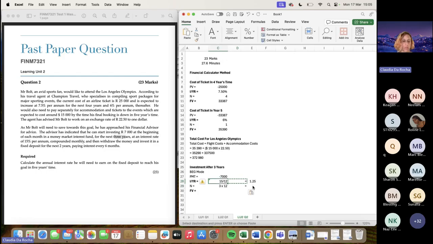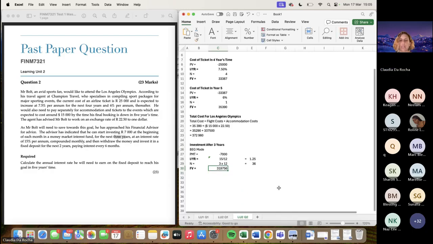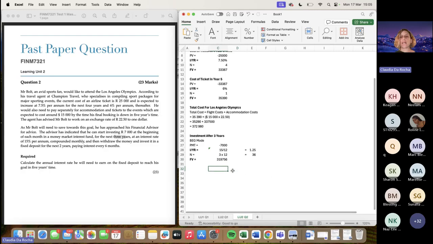I'm going to say 3 times 12. I'm going to punch in 36 into my calculator. Okay, and then when I do the future value, I should get 319,756. Okay, are we done? No, because we still need to calculate what our interest rate would be.